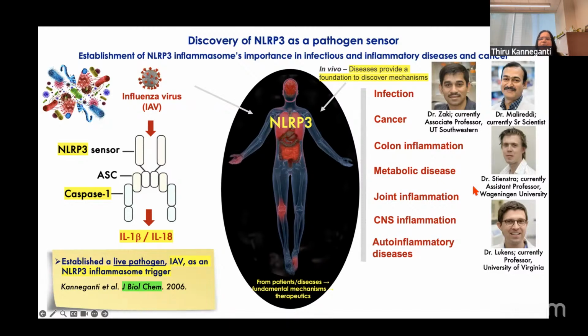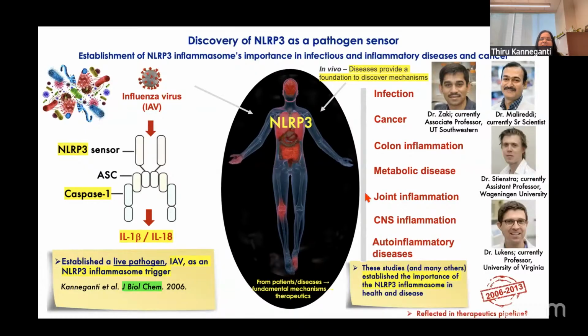Rinki came from Wageningen University and was interested in the role of NLRP3 in metabolic diseases. John was intrigued by the role of NLRP3 in adaptive immune responses, autoimmune or other autoinflammatory diseases, and joint inflammation. All in all, at that time, we established maybe around 50 to 100 different models to ask the specific function of NLRP3.